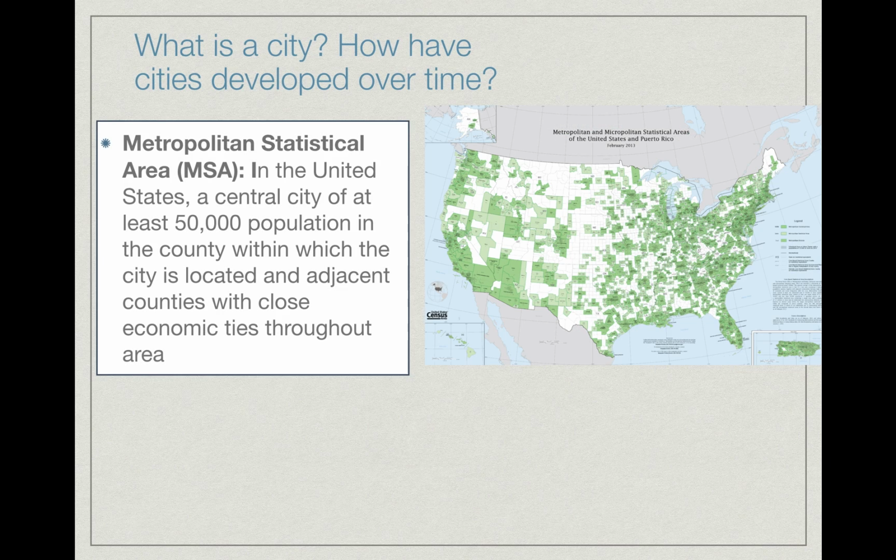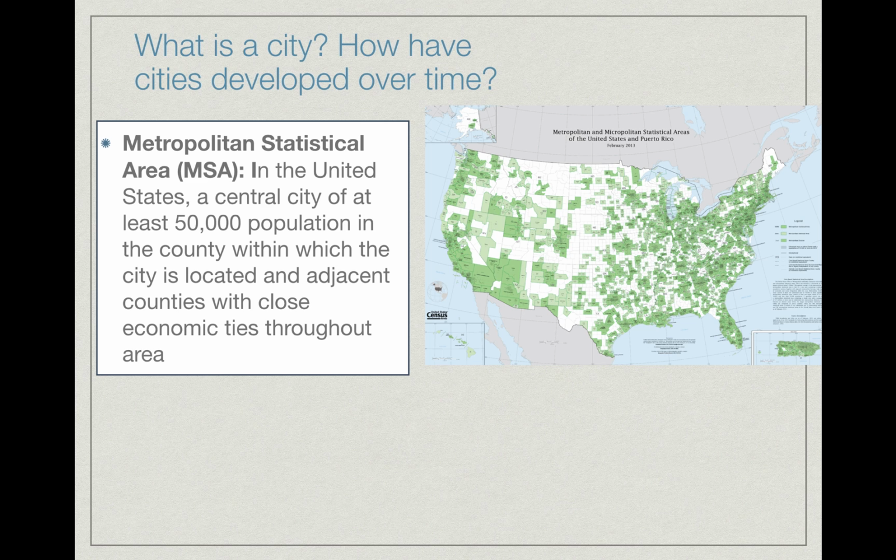Okay, one of the last defining characteristics of modern day cities. We've firmly established at this point that a city is not a clearly identifiable or defined characteristic, or a set of characteristics. One definition that we will use is called a metropolitan statistical area.